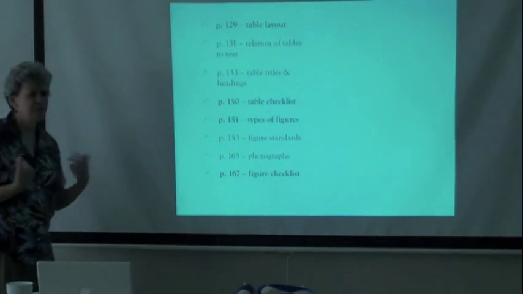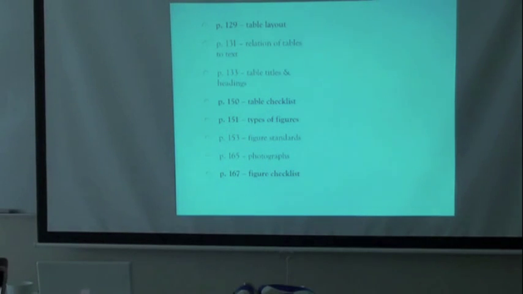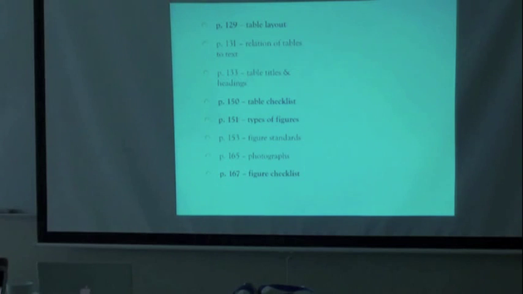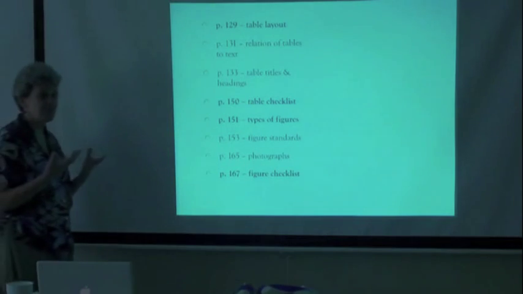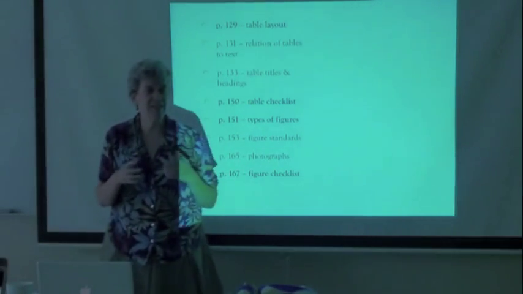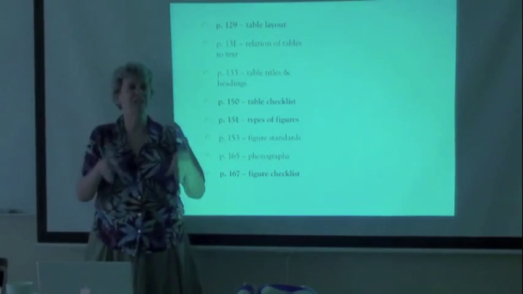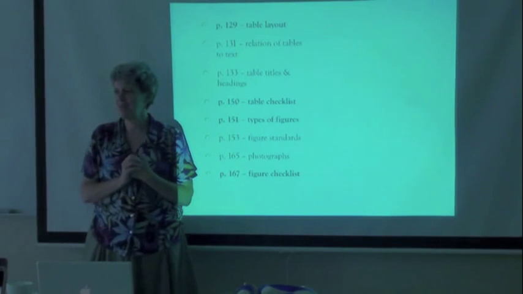Now, let's talk for a minute about the difference between tables and figures. Anybody want to tell me their understanding of the difference? Does the table have a special format? Yes, a table has a special format, like what we've just been talking about. There are columns, and that's a table. What's a figure?